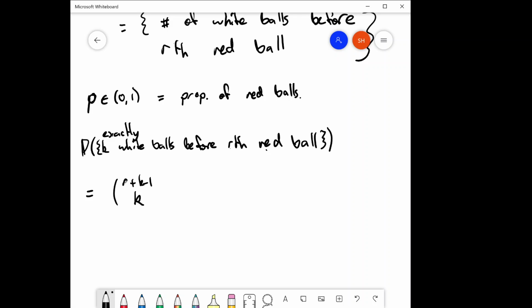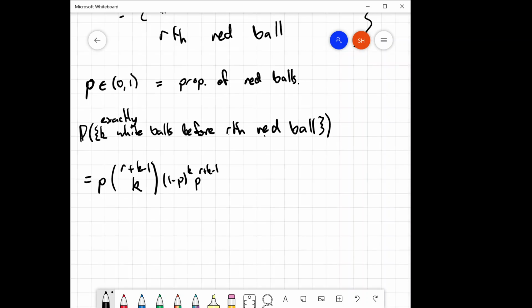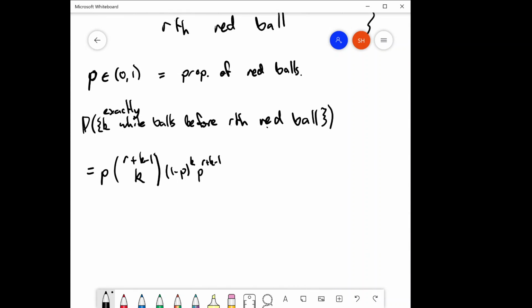The probability of getting a white ball is 1 minus p, so 1 minus p to the k, p to the r plus k minus 1, but then you also need your r plus kth ball to be red, which happens with probability p. So this is the probability we would like to assign to the event that we get exactly k white balls before the rth red ball appears.